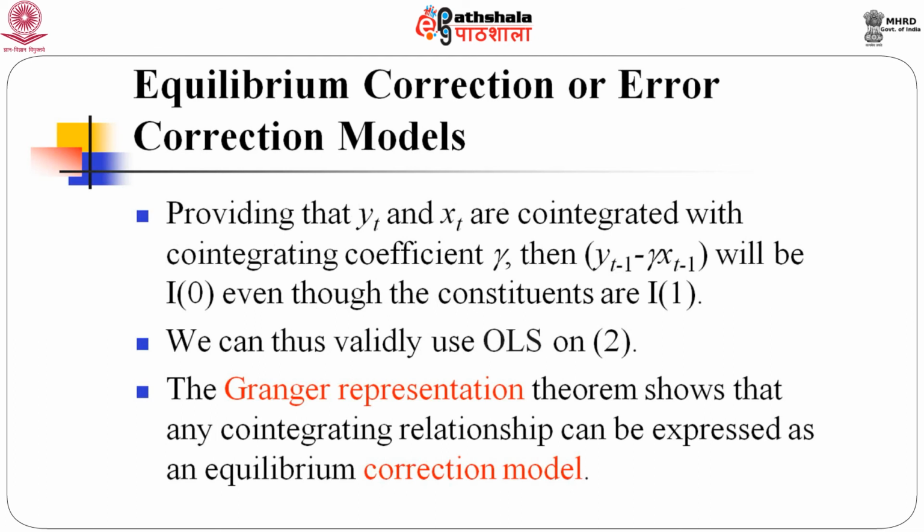So, providing that yt and xt are co-integrated with co-integrating coefficient gamma, then yt minus gamma xt minus 1 will be I0 even though the constituents are I1. We can thus see that we can use OLS to equation 2. The Granger representation theorem shows that any co-integrating relationship can be expressed as an equilibrium error correction model.